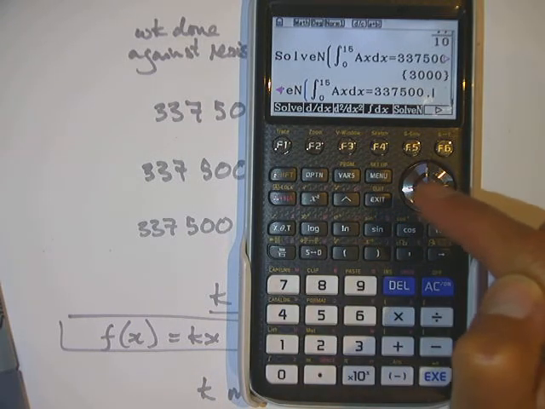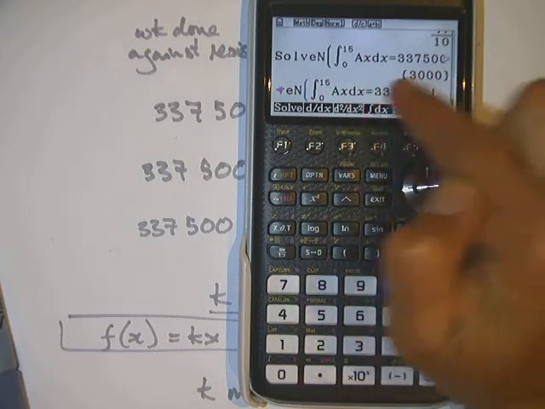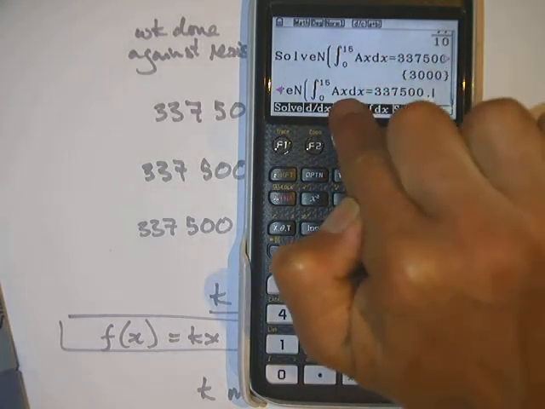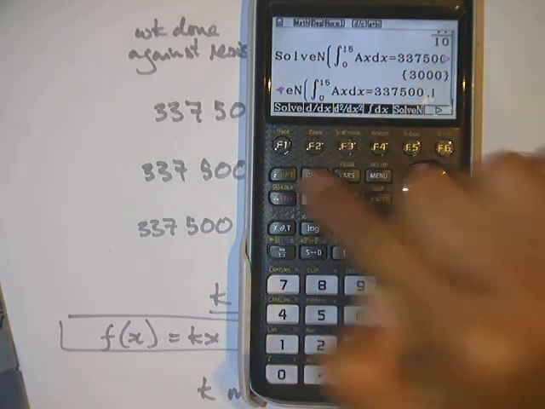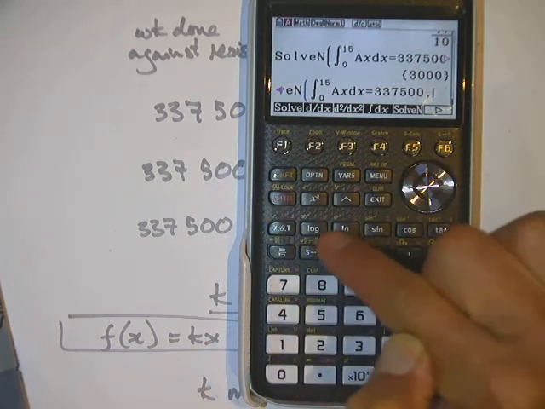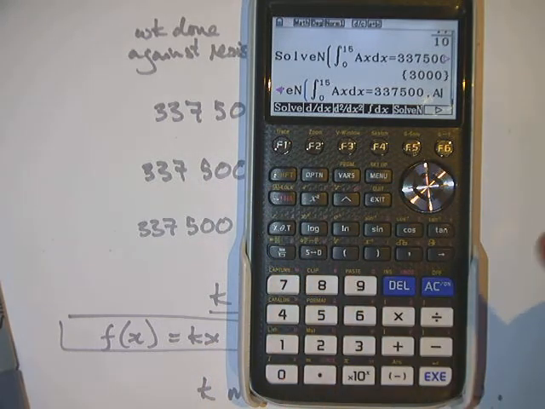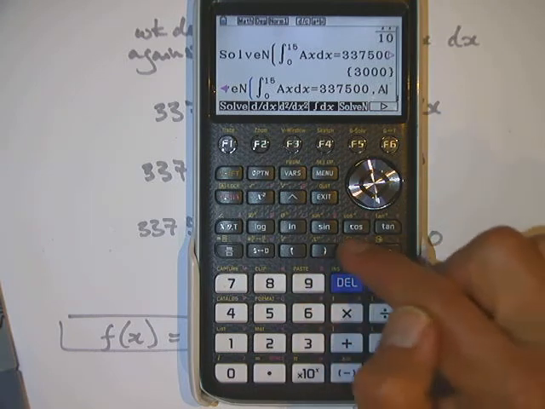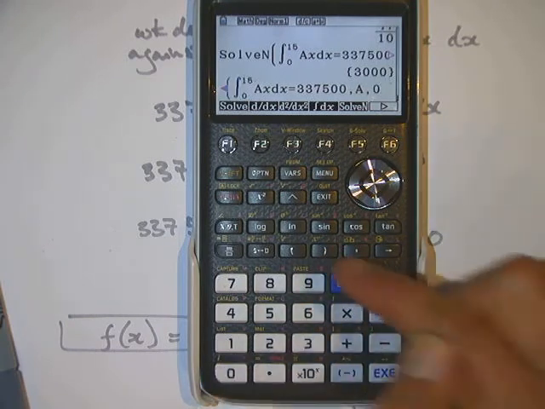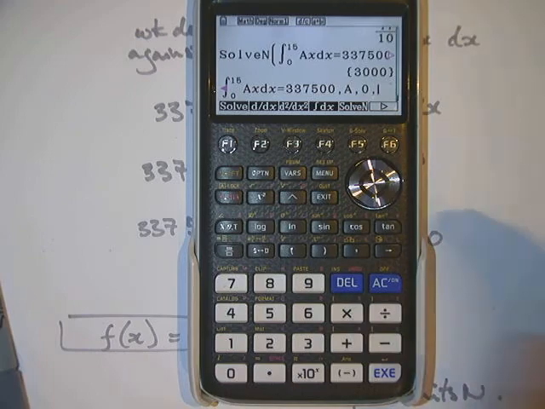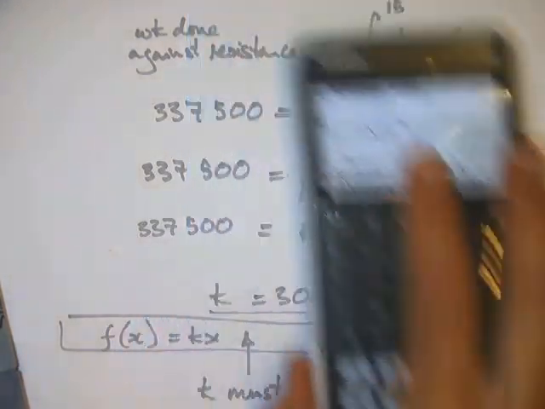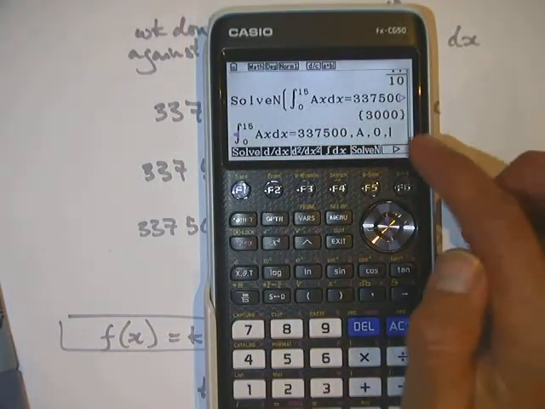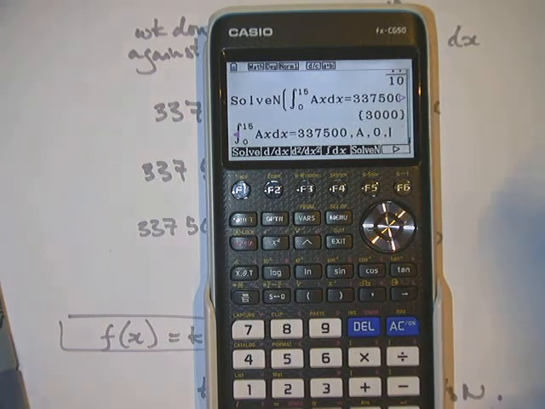In solve n, the way to do it is you then put a comma and you say what letter you're trying to find. I don't know if that means you can put more than one letter here, because the x refers to the dx, but I'm going to say the alpha A. Usually when I've done this, I found that I needed to put a comma and a starting value, and a comma and a finishing value. Now, we happen to know that the answer is 3,000, and I don't think I'd have guessed to go as far as 10,000.